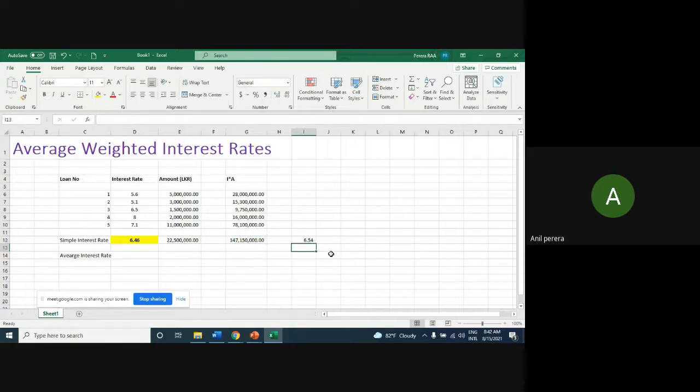Now what can you see? Your weighted average is 6.54. Simple average is 6.46. Why is that? Can someone suggest the reason?